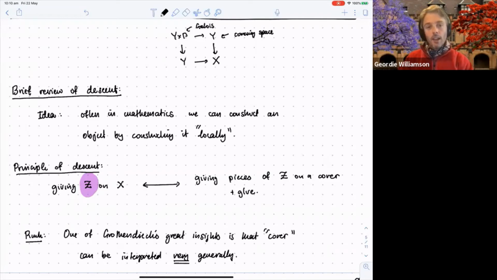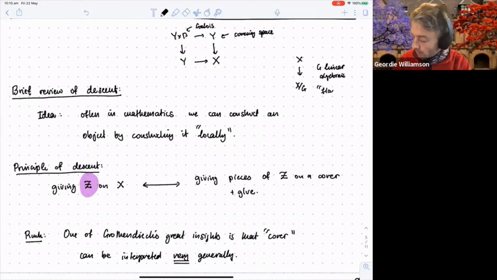So in some sense, when we intersect open sets covering a space, we expect the intersections to be smaller. But in this particular case, we intersect two open sets and we get something that's bigger. And then Grothendieck taught us that X going to X mod G, for G linear algebraic, is what we should think of as being a flat cover. Where this is a stack, this is the quotient stack.